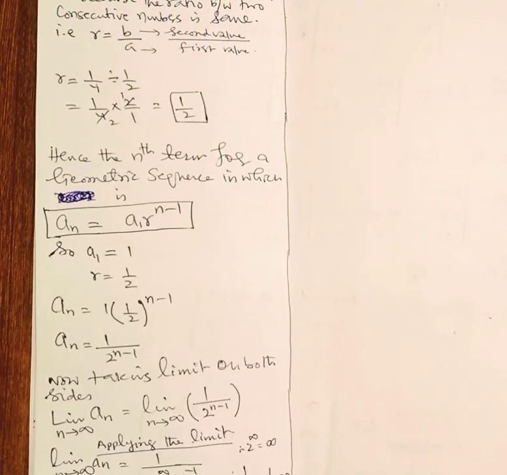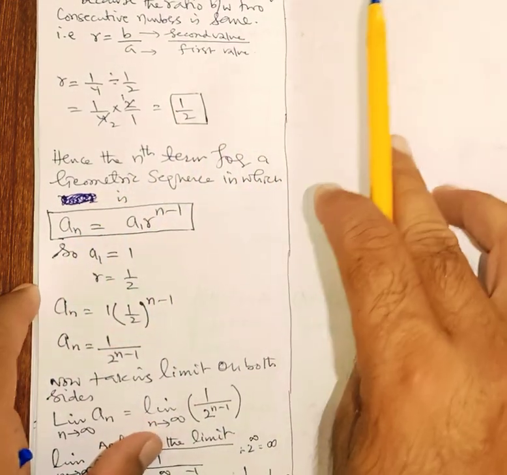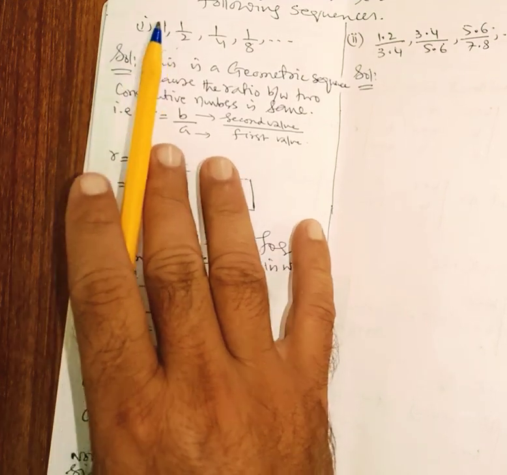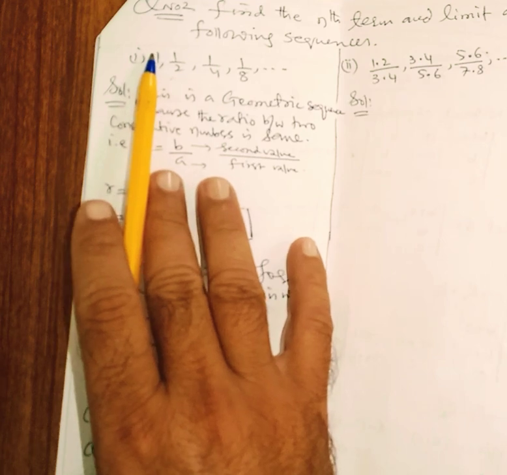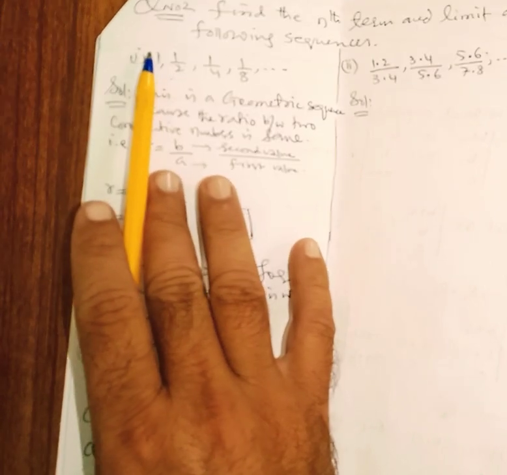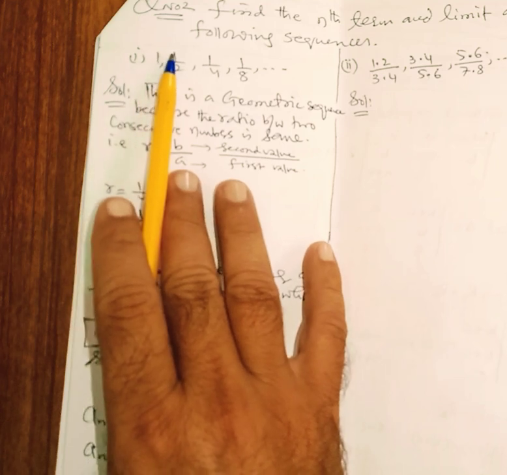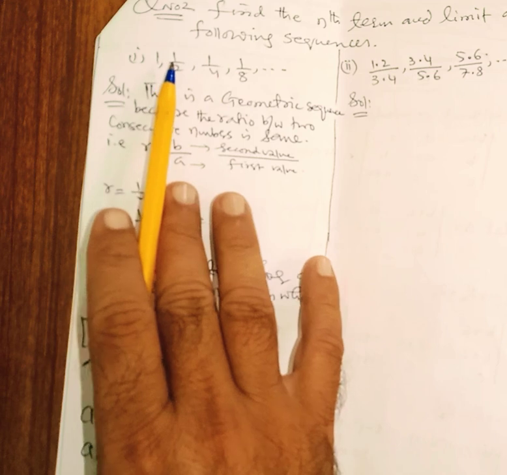This makes sense. How does it make sense? If I have one apple and give it to one person, he or she has the whole apple. If I divide that apple between two people, they each get half. If I divide it among four people, they get a quarter, then one eighth, and so on.